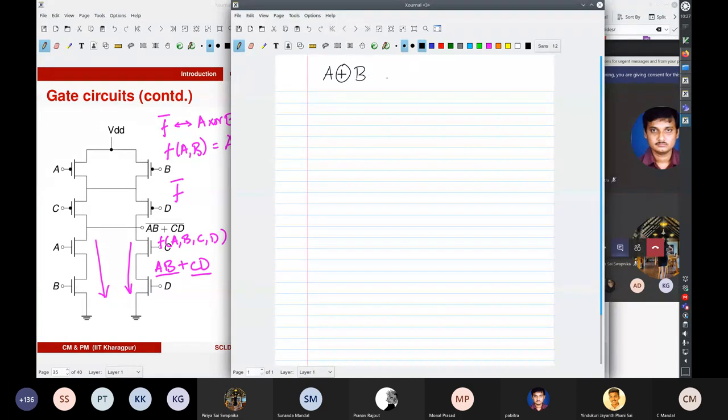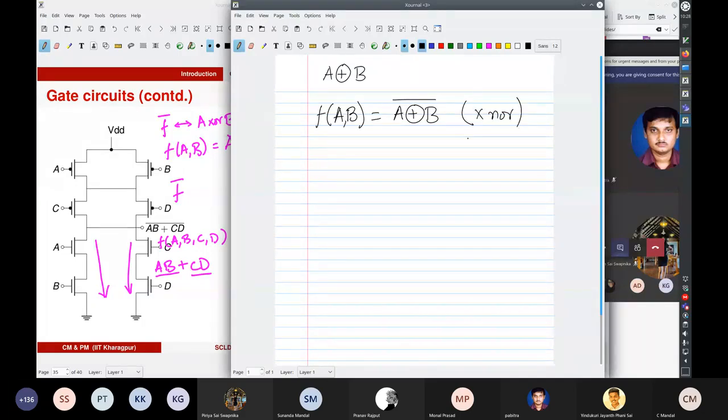So we want F of A B as the complement of A XOR B. All right, that is the XNOR.